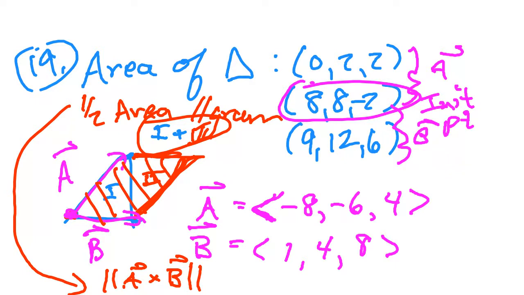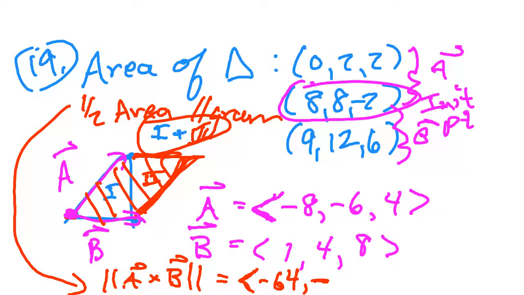So the norm of A vector cross B vector is the norm of the cross product. Let's see if we can do this right. If we cover up the first ones, it's minus 48 minus 16, which is minus 64. Just tell me if you see me doing something wrong. Cover up the middle ones. I'm going to put my minus there so I don't forget it, because I was forgetting it yesterday.